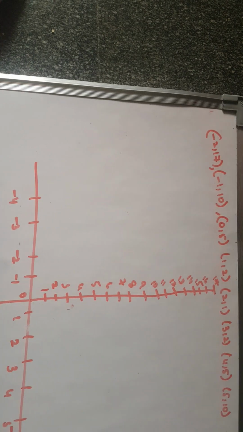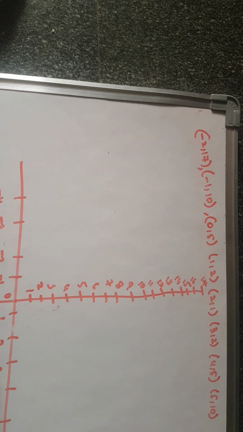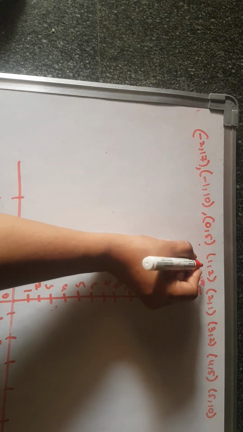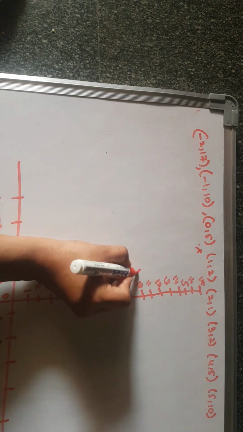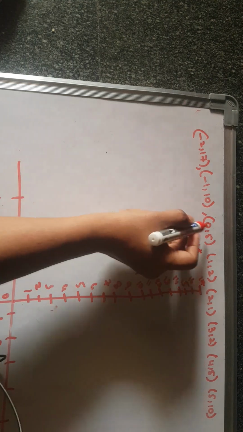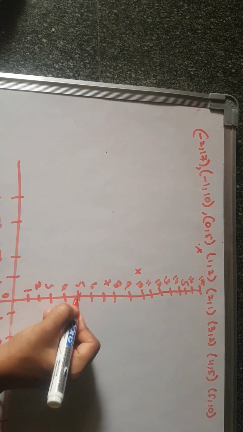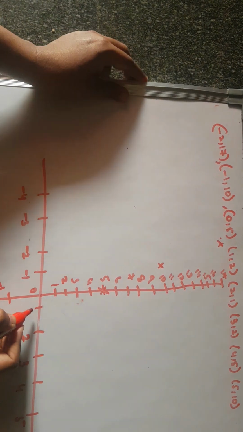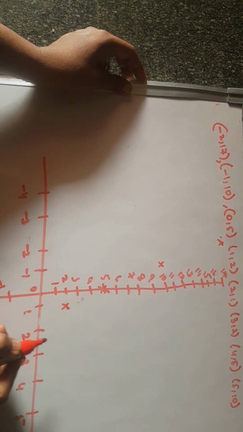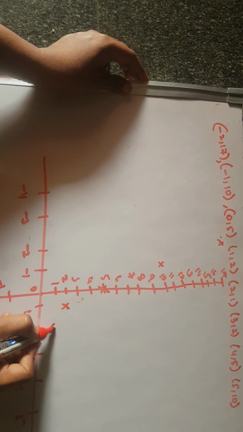Okay, now when you take minus 2, the value is becoming 17. Mark the value here. When you take minus 1, the value is becoming 10, so mark the value here. When you take 0, the value is becoming 5, mark the value like this. When you take 1 on the x-axis, the value is becoming 2, mark here. When you take 2, the value is becoming 1.